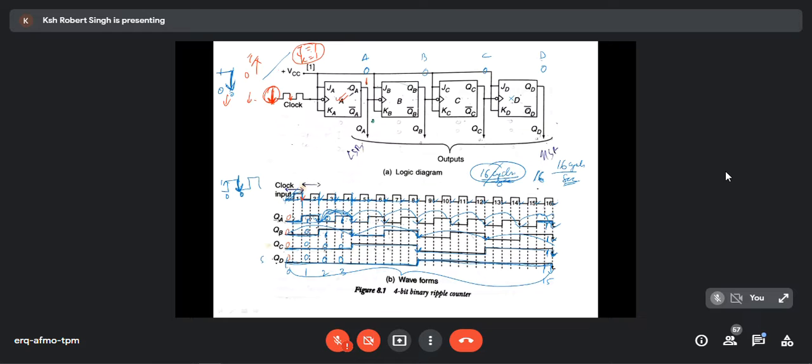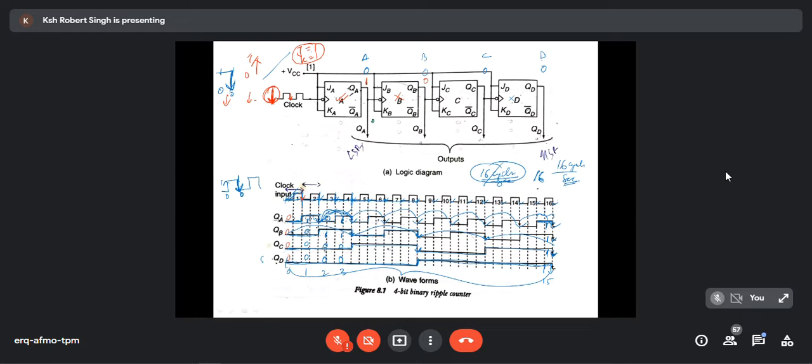So this 0 to 1 transition cannot trigger this flip-flop, so this flip-flop will be off. If the clock is not going, the output will remain unchanged, 0 to 0. Is it okay?